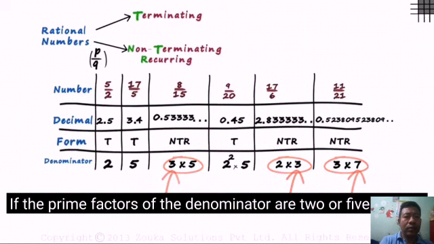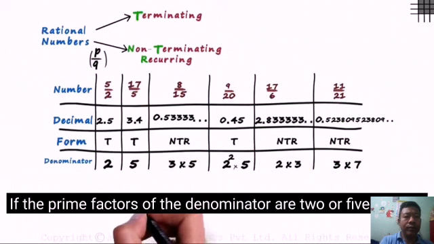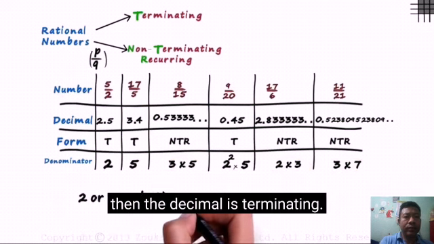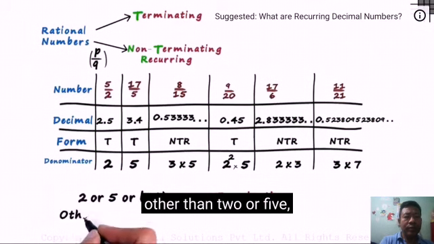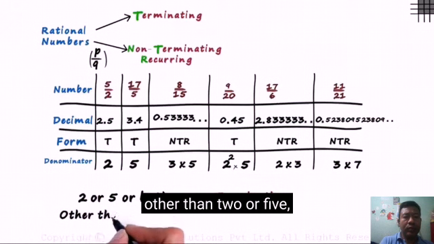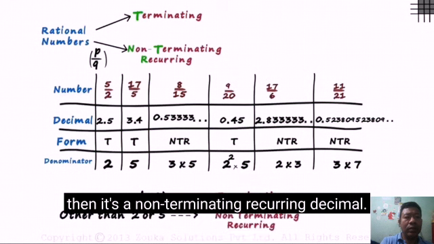If the prime factors of the denominator are 2 or 5 or both, then the decimal form of that rational number will always be terminating. If the denominator contains any prime factor other than 2 and 5, then the decimal form will always be non-terminating recurring.